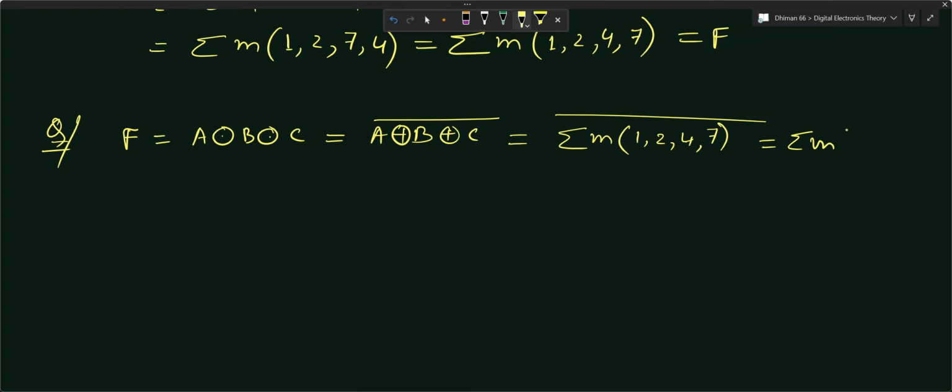The sum of minterms will have 0, 1 and 2 are absent, then we have 3, then 5, then 6. So 0 3 5 6 is the expression for this XNOR gate.